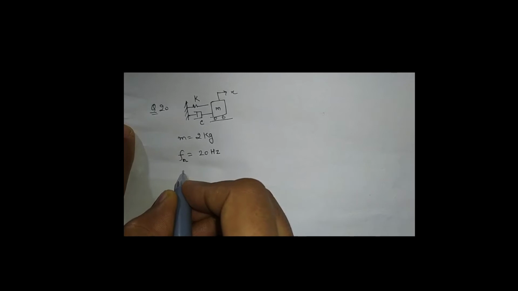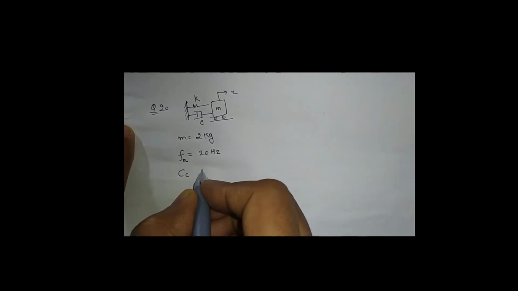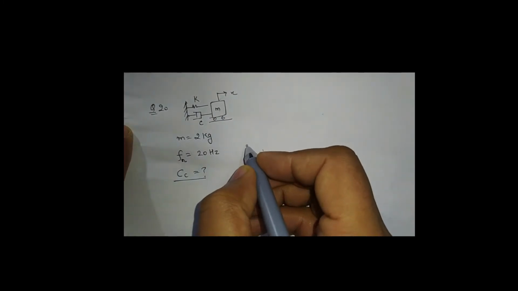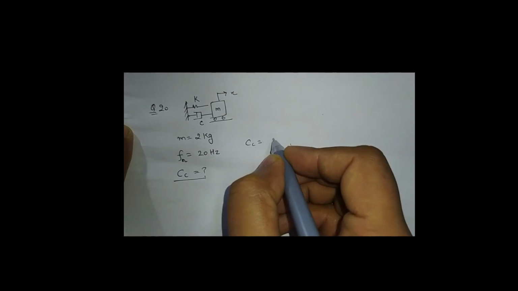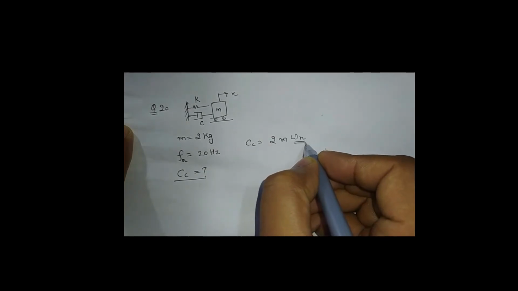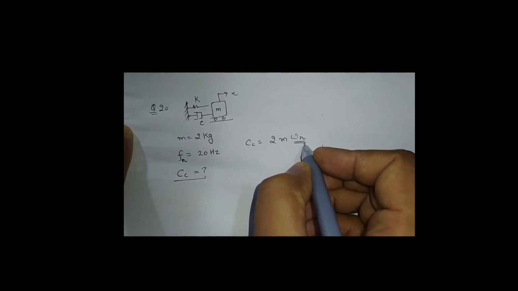We have to find the critical damping constant of the system, which is denoted by Cc, and the critical damping constant Cc has the formula 2 m omega n. Omega n is the natural frequency in radian per second.